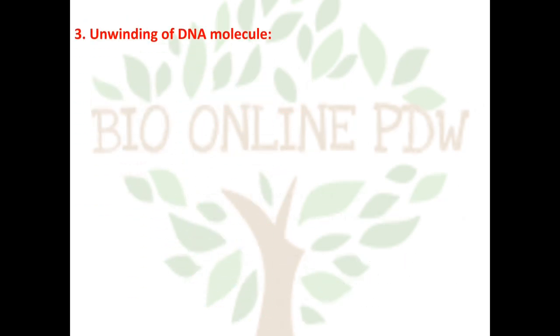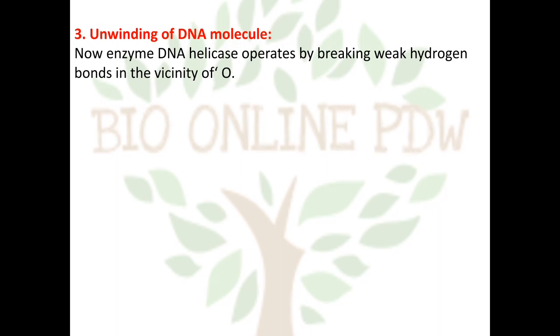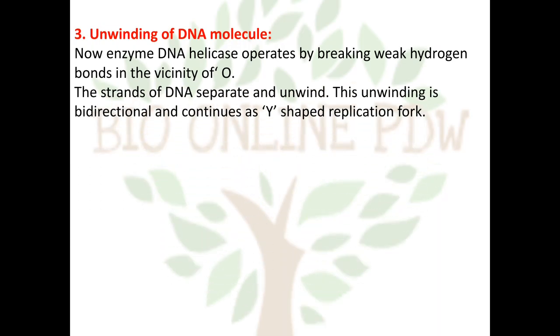The third step is unwinding of the DNA molecule. Now the enzyme DNA helicase operates by breaking weak hydrogen bonds in the vicinity of the origin point. The strands of DNA separate, they undergo unwinding, and this unwinding is bidirectional and it continues as a Y-shaped replication fork. I am going to show you the diagram where you can see the replication fork. Each separated strand acts as a template for the formation of daughter strands.